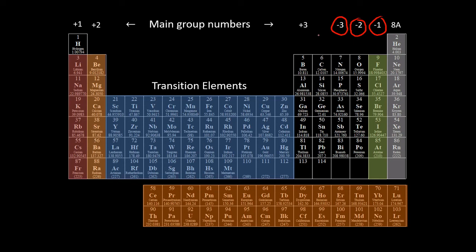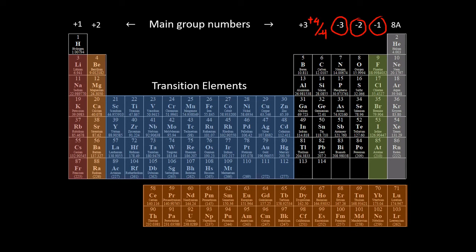Now once you get to here, it gets a little bit more wonky. Some of these actually will be +4 and some of them will be -4, just depending on what you're looking at. So we're going to kind of ignore this column for now. But once we get over to this column, now we're actually closer to a noble gas by going in the opposite direction.